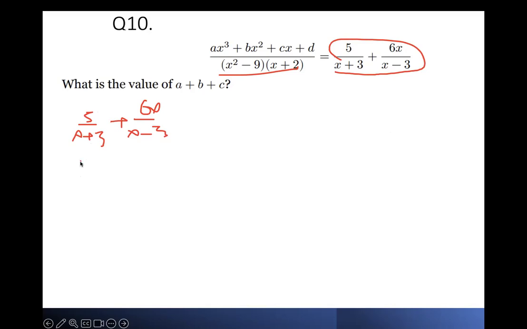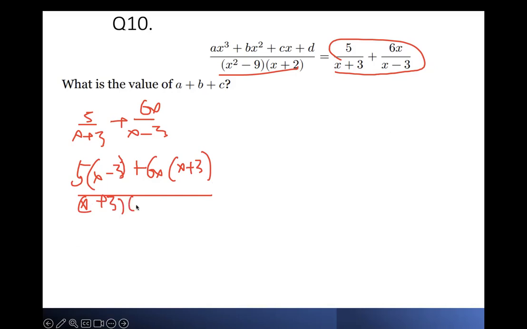If I simplify, I have what? 5x minus 3 and then 6x, x plus 3, all over the same numbers, x plus 3, x minus 3. You can open those brackets.